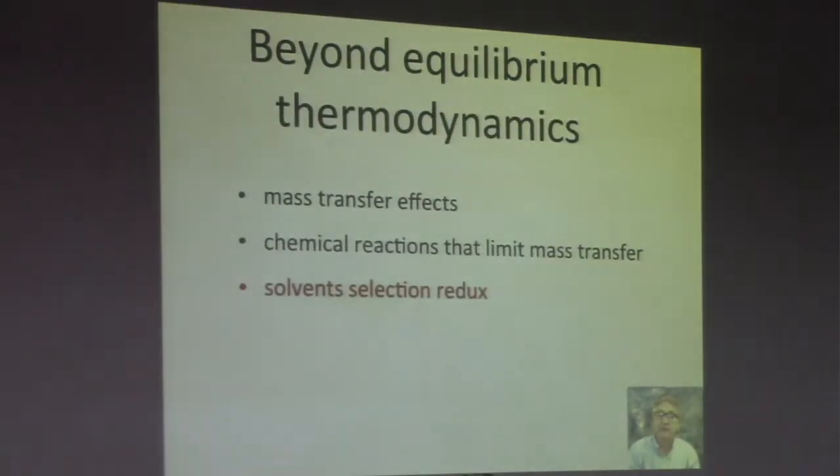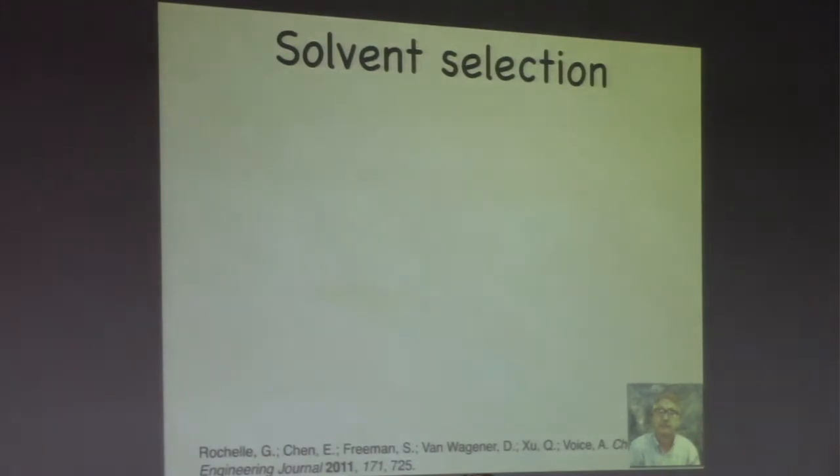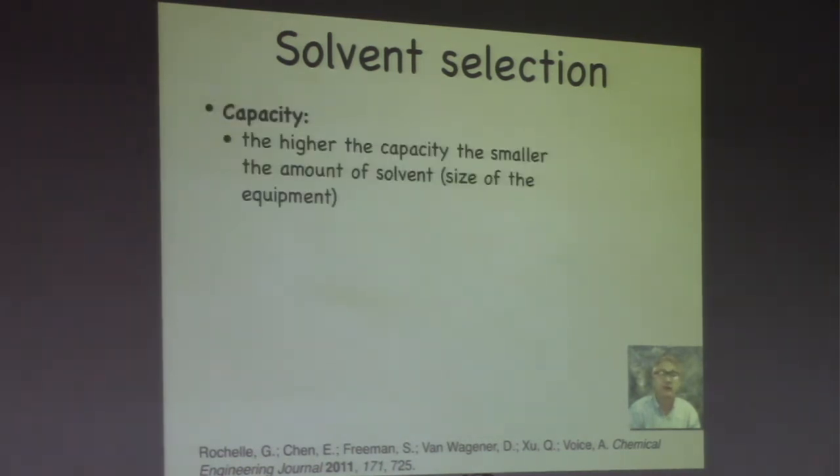Having looked now at mass transfer and how chemical reactions affect the situation in an absorber, it's useful to return to our choice of solvents and ask, what are in fact the properties we need for the best solvent for absorption? Following a paper that was published recently from some colleagues at the University of Texas at Austin, we recognize that the capacity of a solvent to take up CO2 is very important.